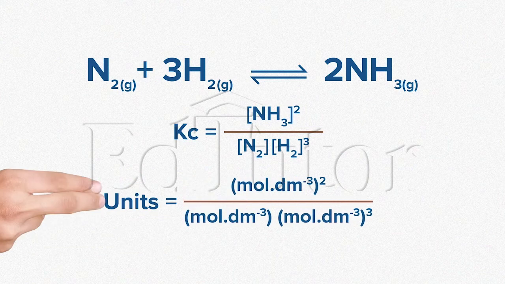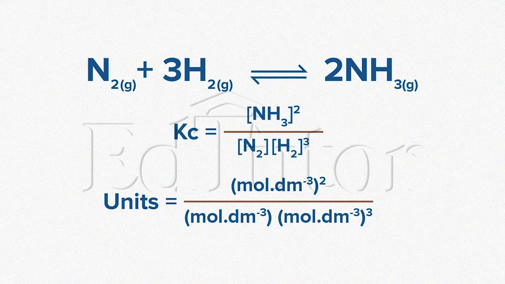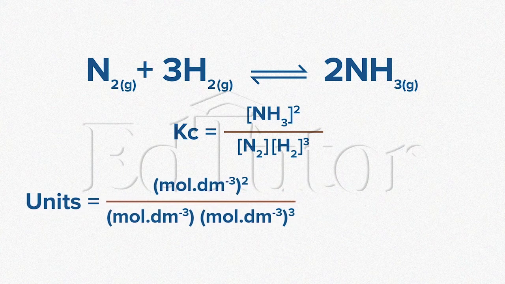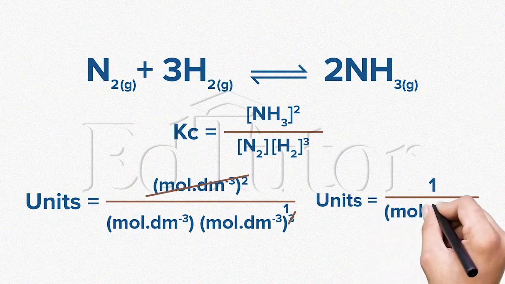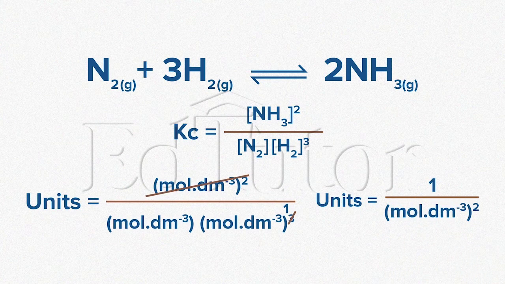We should now get mole per decimeter cube squared in the numerator and mole per decimeter cube multiplied by the cube of mole per decimeter cube in the denominator. By solving, we should get 1 divided by the square of mole per decimeter cube.